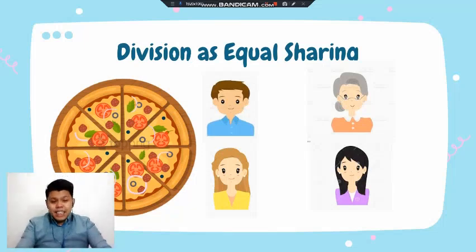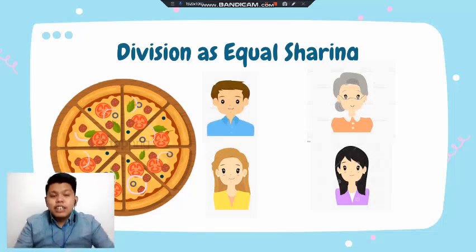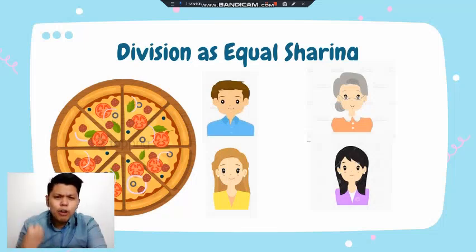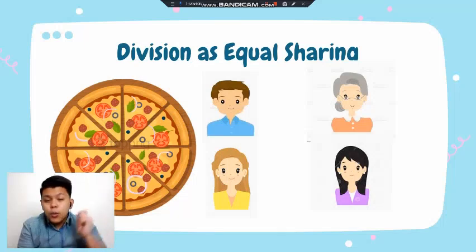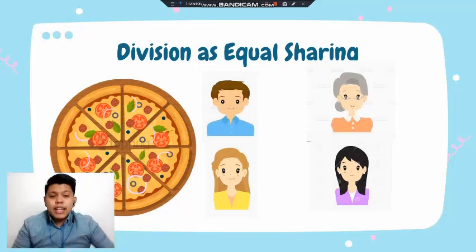So, 3 children wandered and visited their grandma. Tom, Anna, and Tina. Let's now see how many slices of pizza each of them will eat so that it will be equally shared.